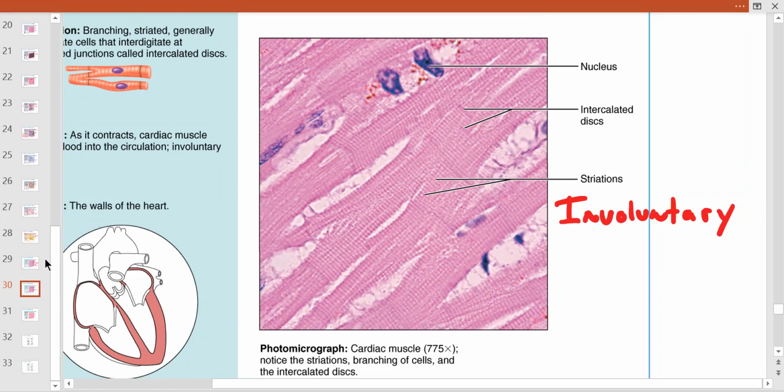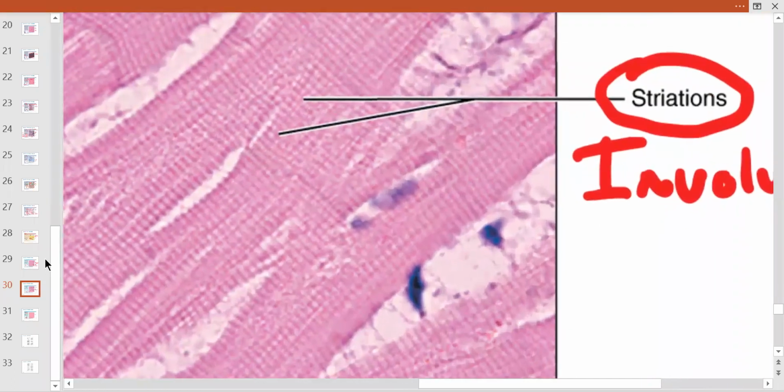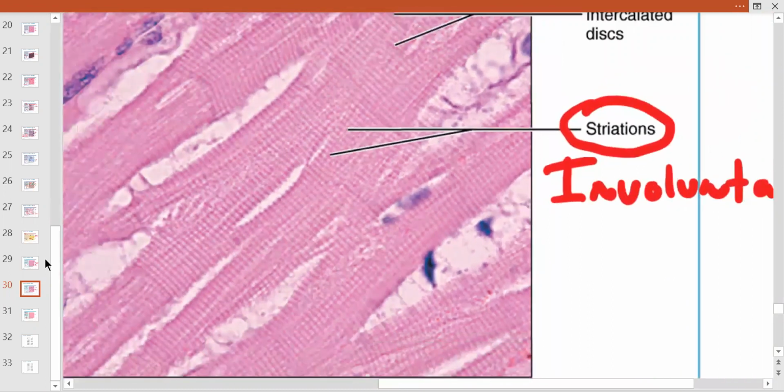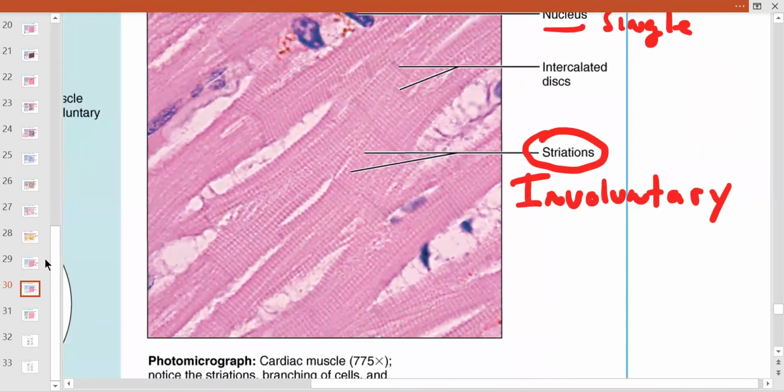So now it has nuclei, but it's usually single nuclei, not multinucleated. It has striations, so it kind of looks like skeletal muscle in that way. But the difference, on visualizing it, is that cardiac muscle is branched.